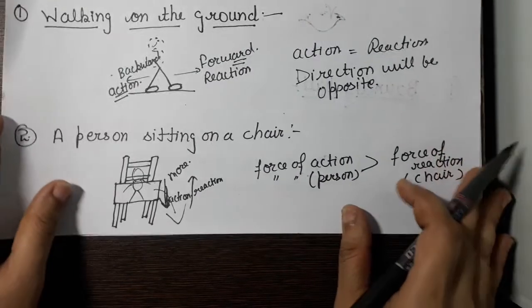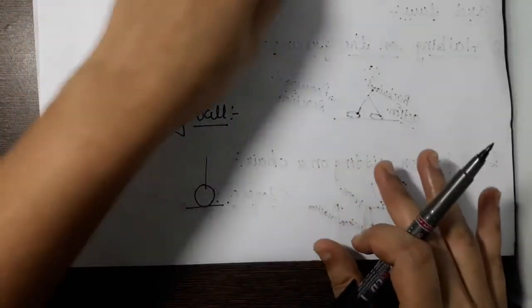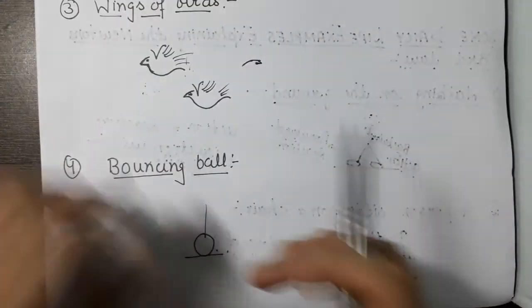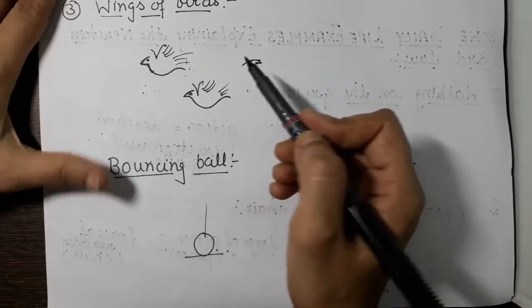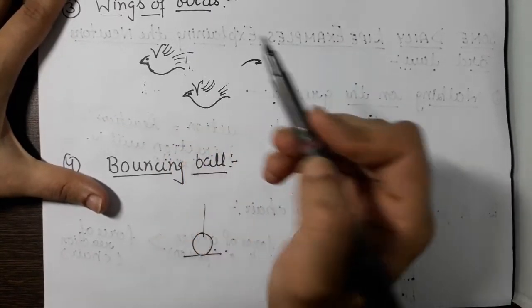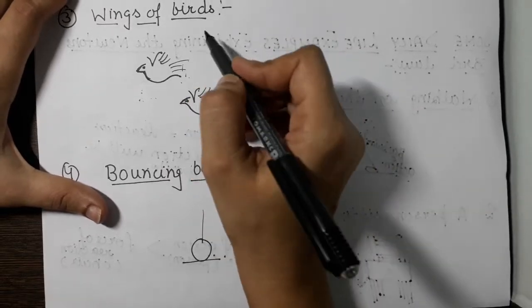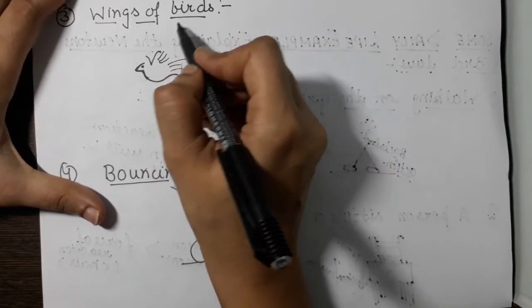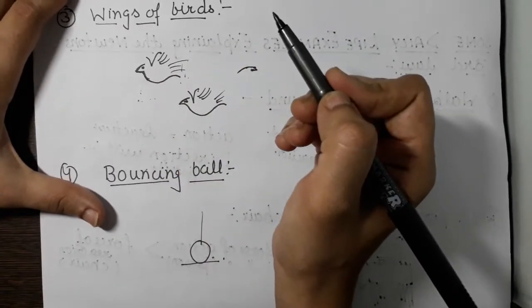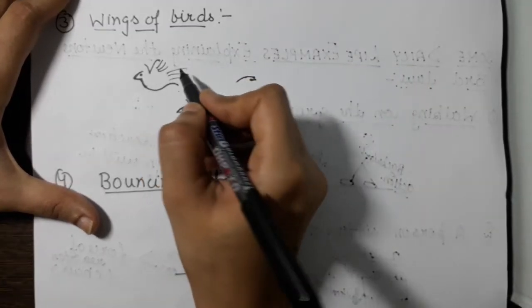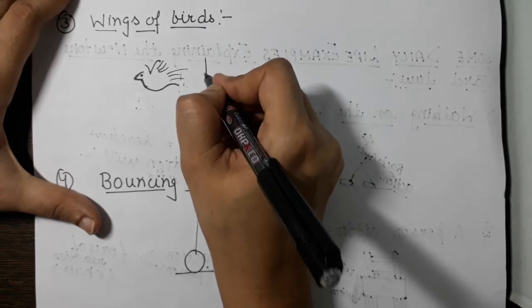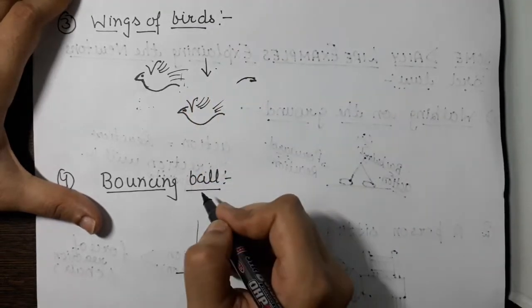Now come to the third example. This is also a very common thing, that we always see birds flying in our surroundings. Now how are they able to fly? The wings of birds also explain Newton's third law. The wings of the birds constantly apply force in the downward direction.